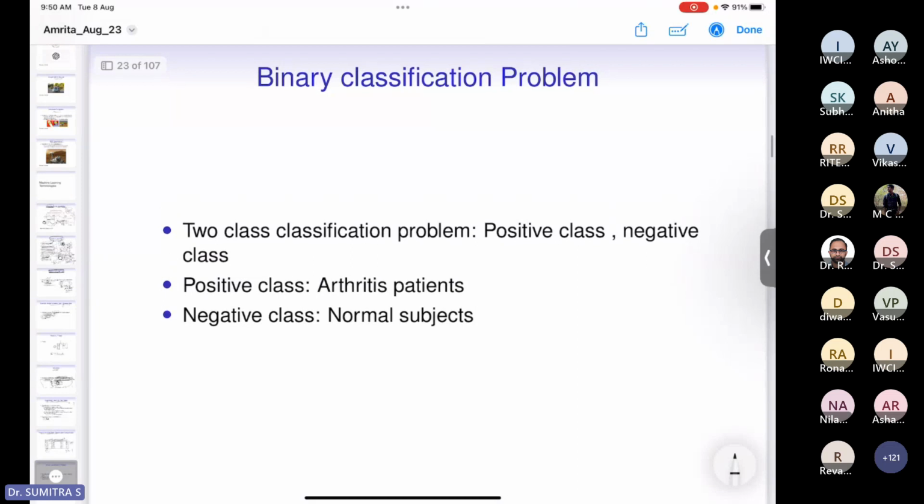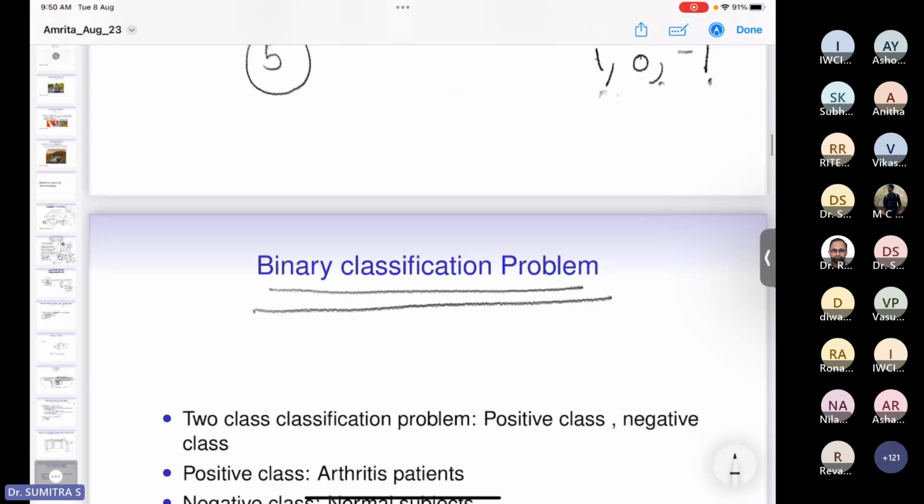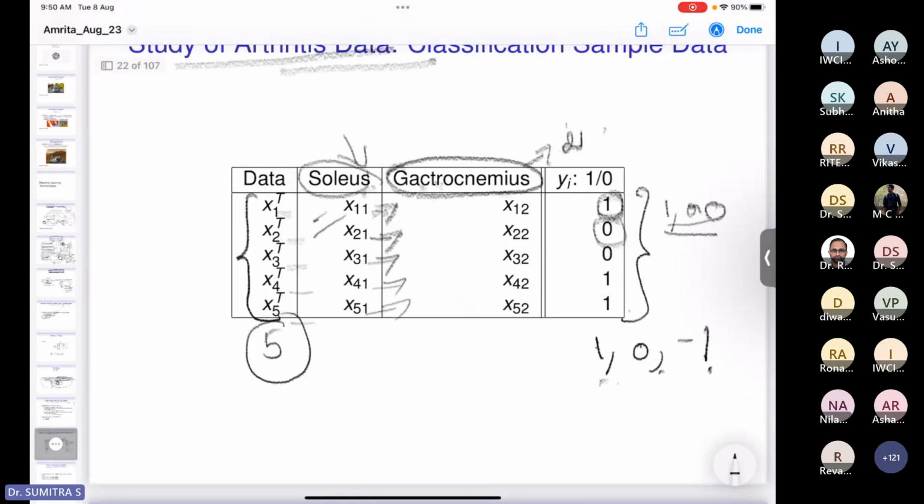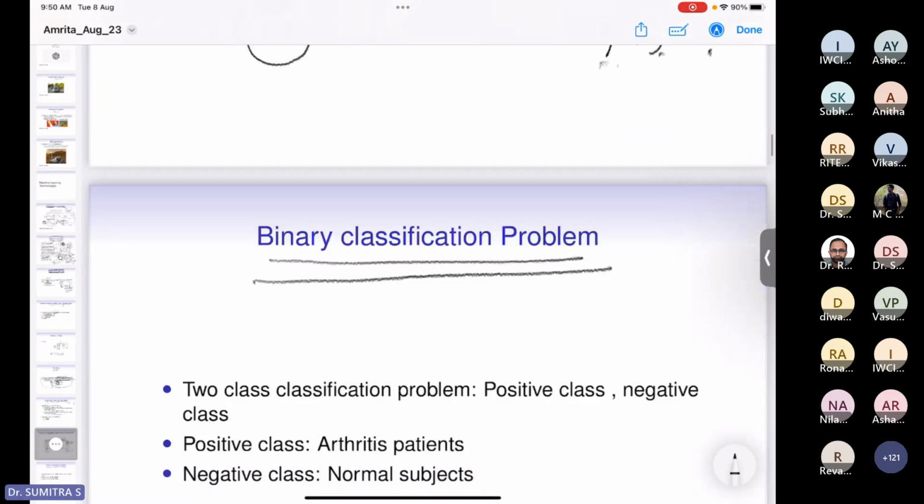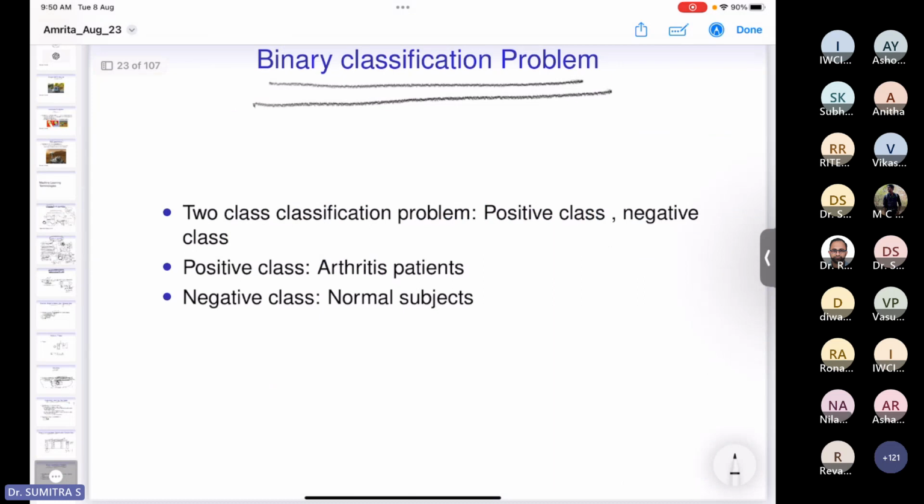The next slide is the binary classification problem. If it is a 2-class classification problem, Y takes either 1 or 0. We call one group the positive group and the other group the negative group.